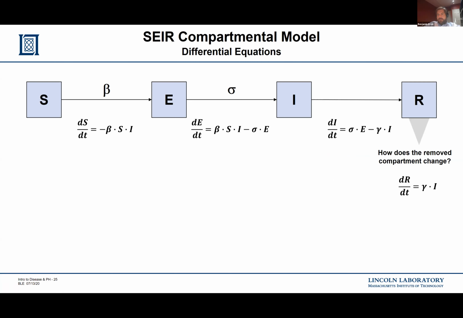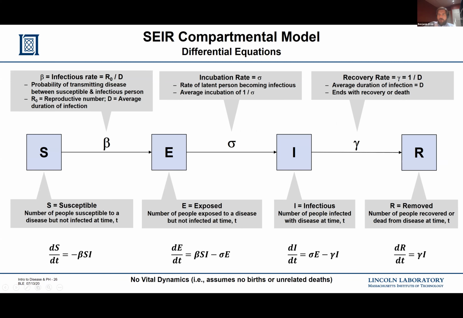And then finally, how does the removed compartment change? Well, you have these different people that go through this recovery phase. And so you have a recovery rate that is multiplied by the number of infected individuals. All of these are fairly commonly known items. And so we'll go through an example here in a second, but I wanted to roll all of this up into one chart so you get an idea of all the terms that you need for the SEIR model.